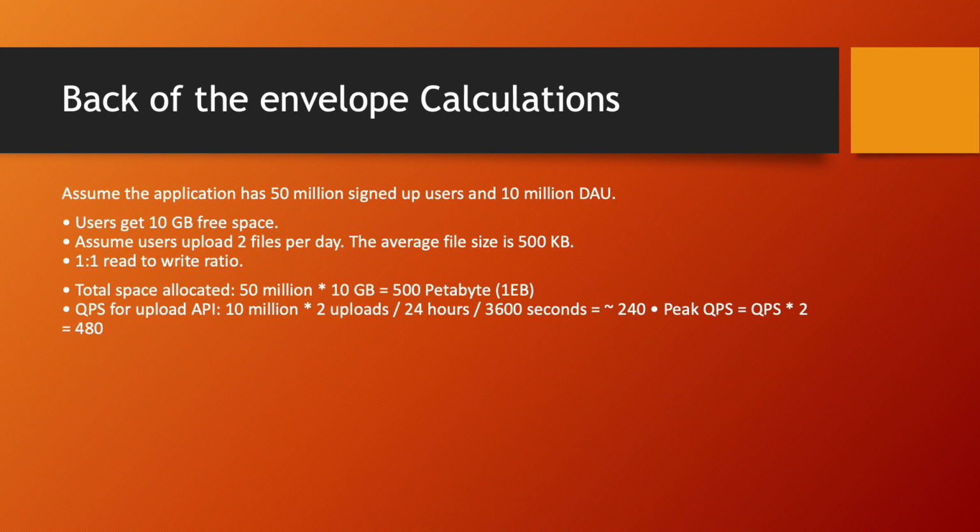We're saying 1:1 read to write ratio, which is not really practical. In the real world, it will be close to around 7:3 or probably 8:2 or even 9:1. Then total space allocated is 500 petabytes, and the QPS based on these numbers could be around 400 to 500.